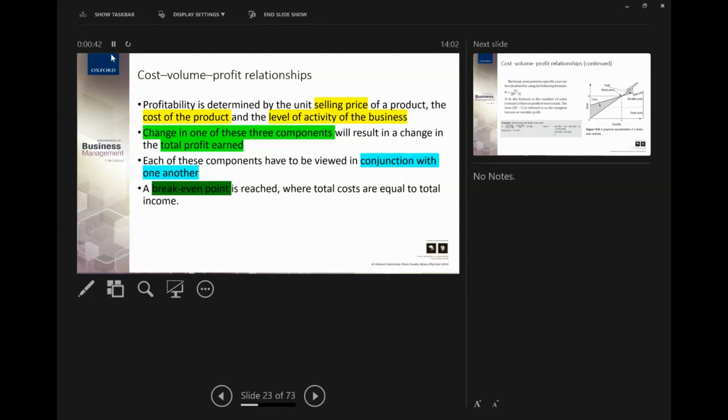If we increase our volume, and this is volume of units that we've sold, and we assume all other things remain constant, then likewise, we should obviously increase our profits. So that's what we typically are looking at when it comes to cost volume profit analysis.